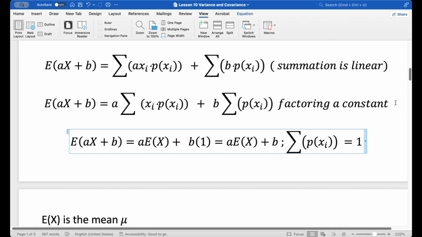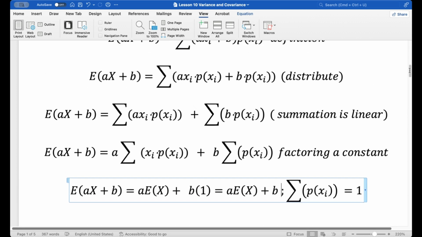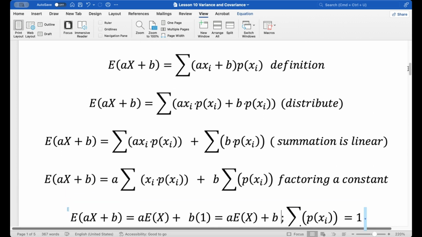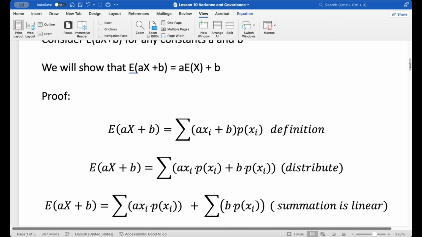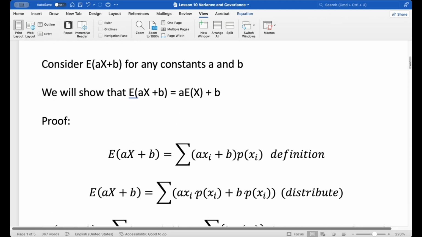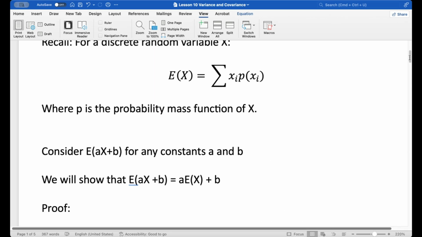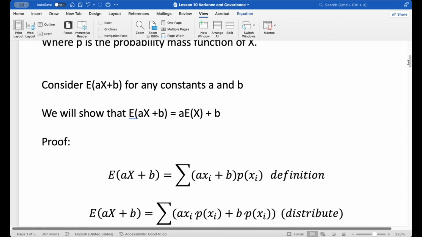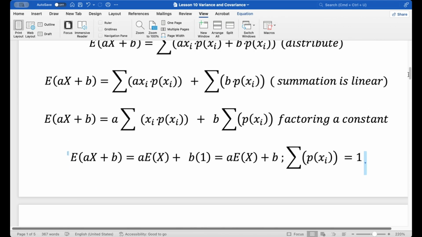So this is a little bit more rigorous proof that the expected value of ax plus b is equal to a times the expected value of x plus b.